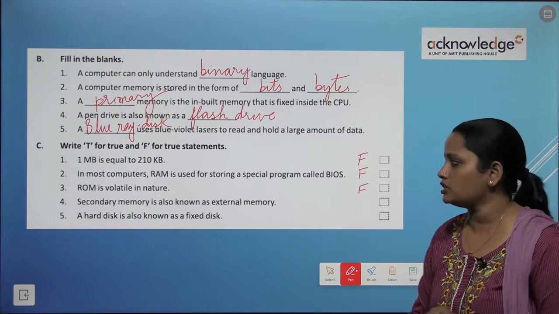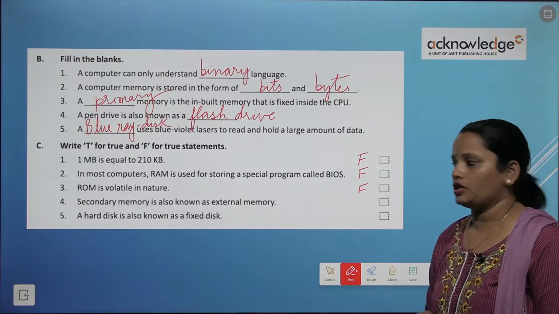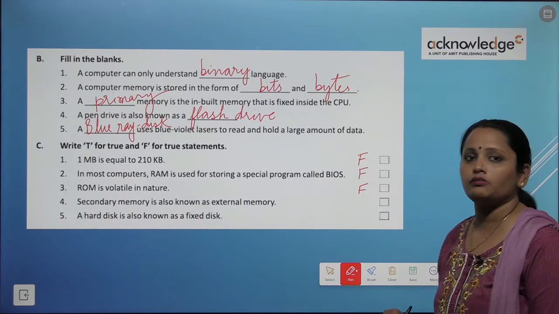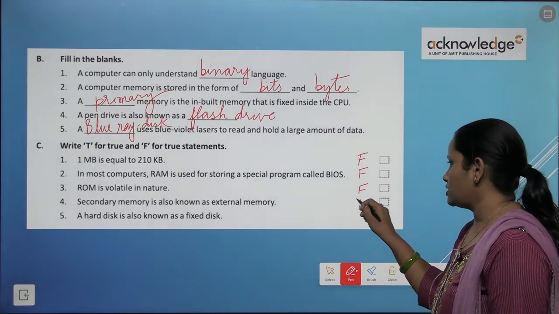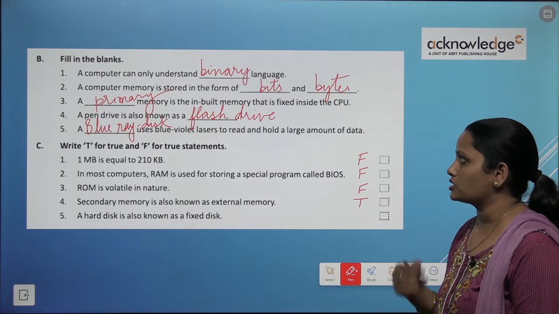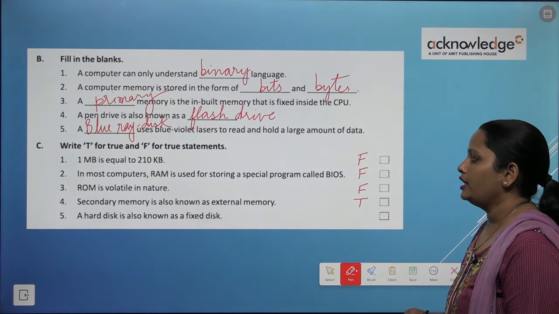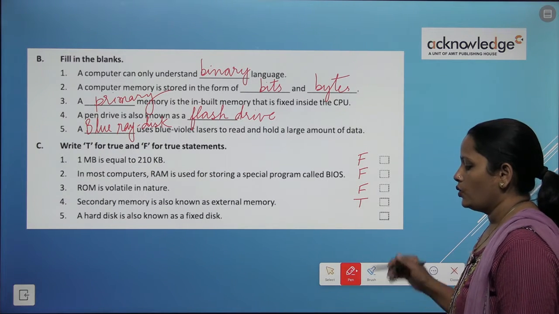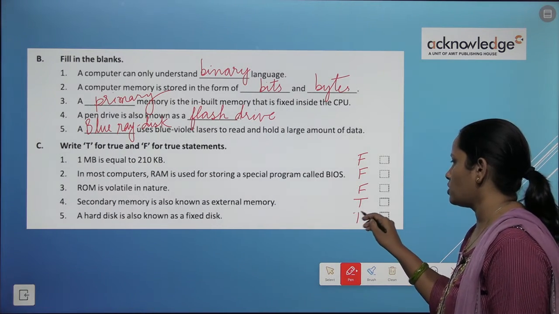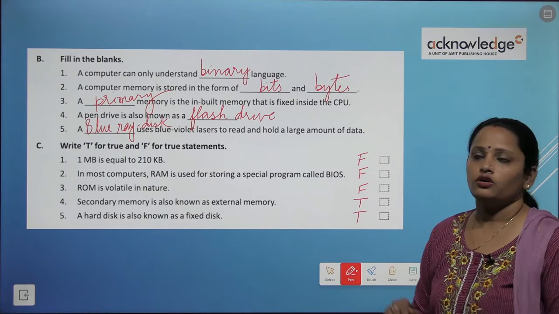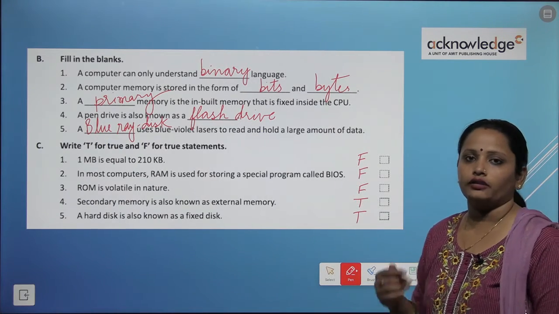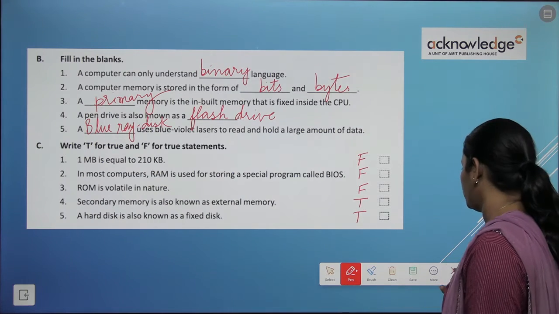This is also false. Secondary memory is also known as external memory. Yes, whatever secondary memory is there, we know it as external memory. And a hard disk is also known as fixed disk. So this is also false. So children, first three are false and the rest two are true here.